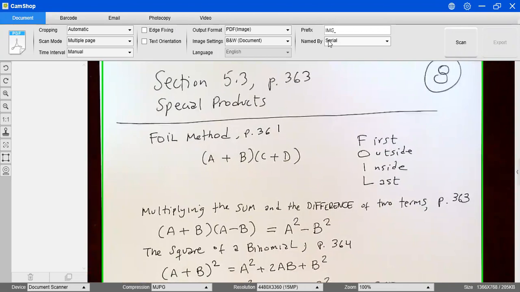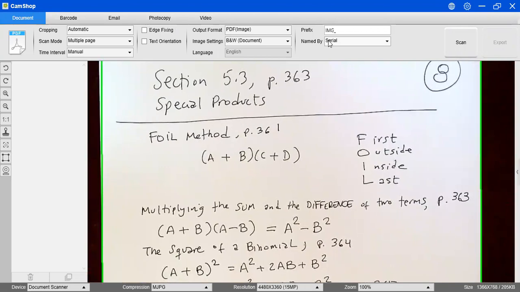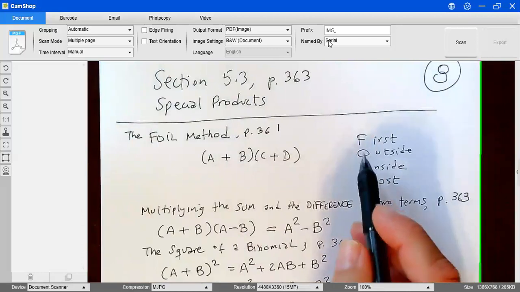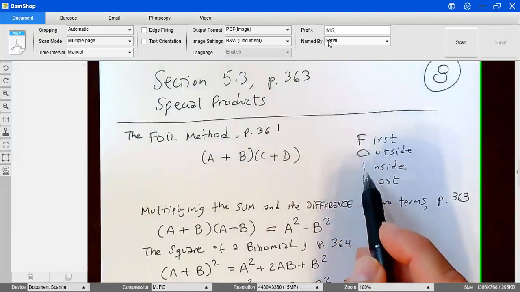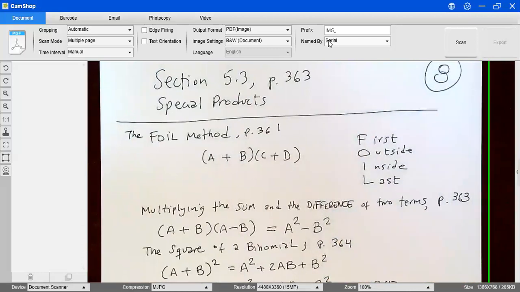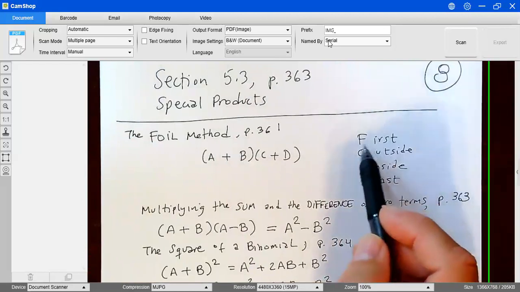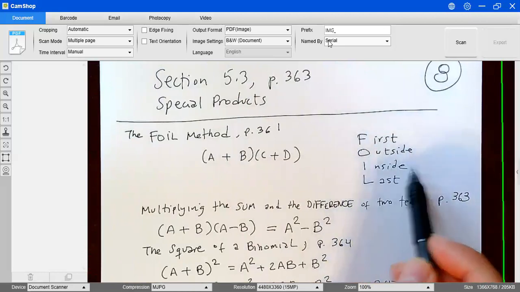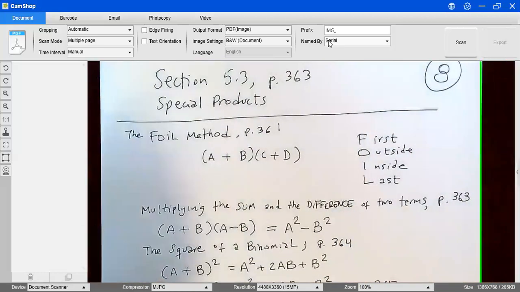So there is first a method that is taught in high school, which is the FOIL method. FOIL is just a word that helps us remember the order in which we're going to multiply every term. So we're going to start with first terms, then outside terms, inside terms, and finally last terms.